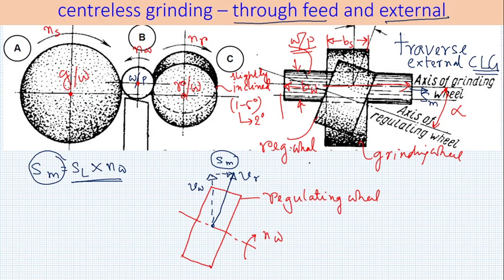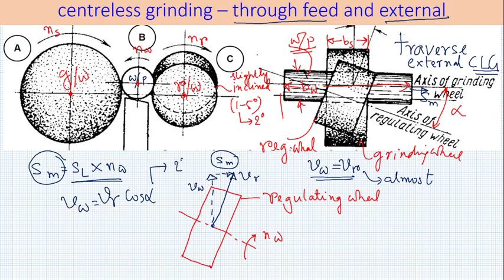In the previous slide, I wrote somewhere VW is almost equal to VR, because in practice VW would be VR cos alpha. Your alpha is around 2 degrees, so they are almost equal, and SM would be VR into sin alpha.